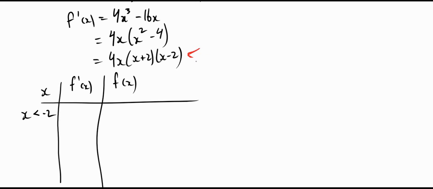It tells me when there's some kind of local max or local min, or when the derivative is 0, right? Which will occur in each of those locations. So I pick a value to represent that interval. I pick -10, and I get negative times a negative times a negative, so they're all negative. So this is decreasing here.